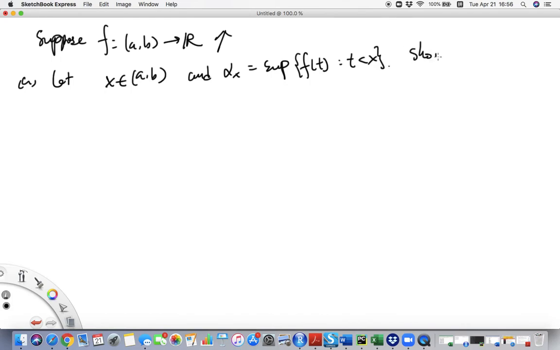Show that the left limit, the limit as t goes to x from the left of f of t, is equal to alpha sub x.